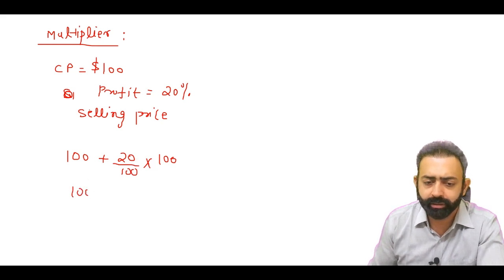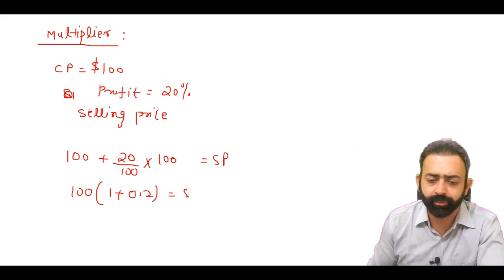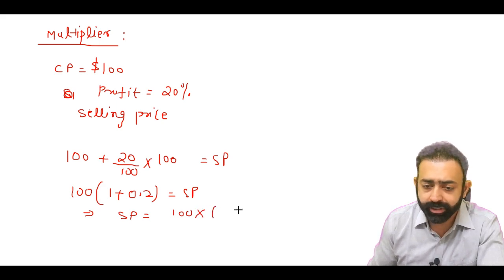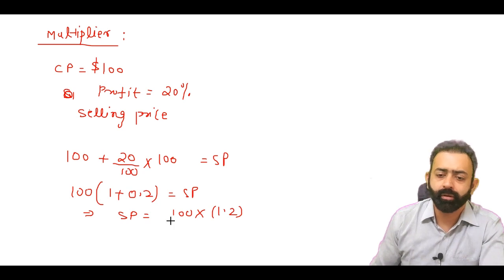Now this is your selling price, the final value. If I take 100 as a common factor, I will say it is 1 plus 20 by 100, which is 0.2. This is your selling price. Meaning, your final value, the selling price, is 100 multiplied by 1.2.